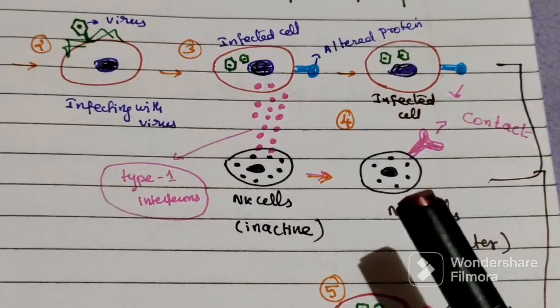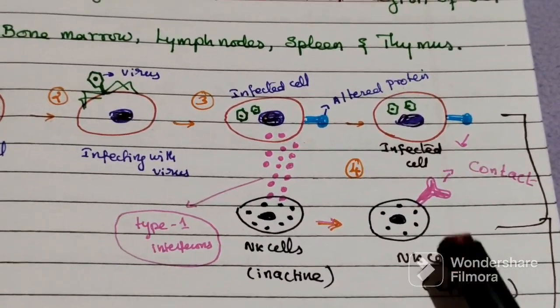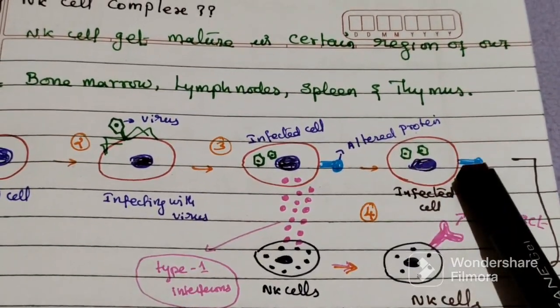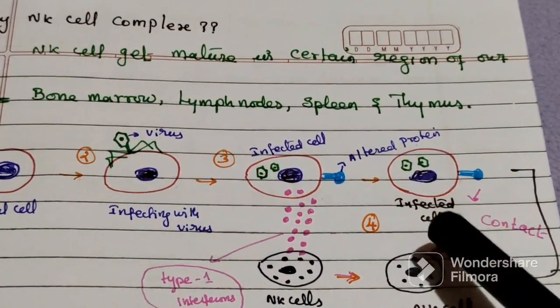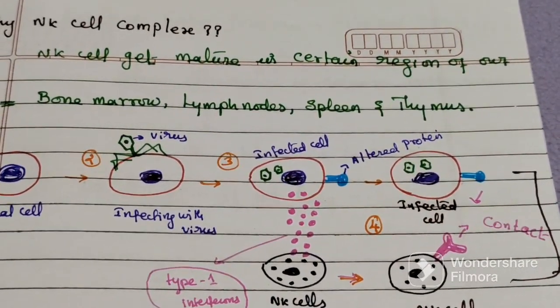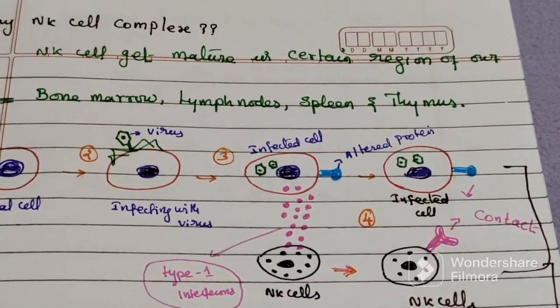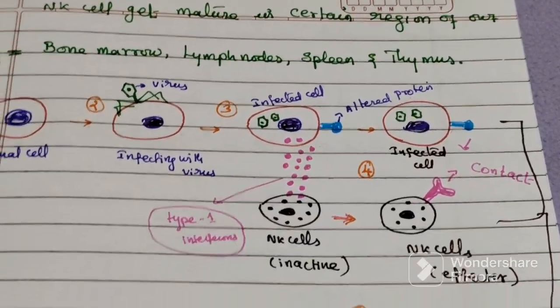Now the effector or activated NK cell has this receptor, and the infected cell has the altered protein. The NK cell contacts the infected cell. What will happen?